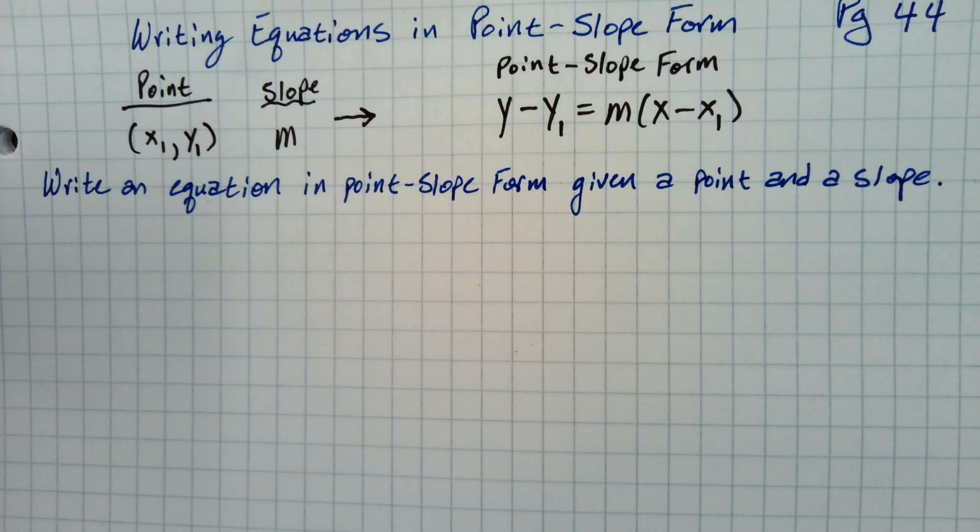Okay, so go ahead and write that down. Write an equation in point-slope form given a point and a slope.